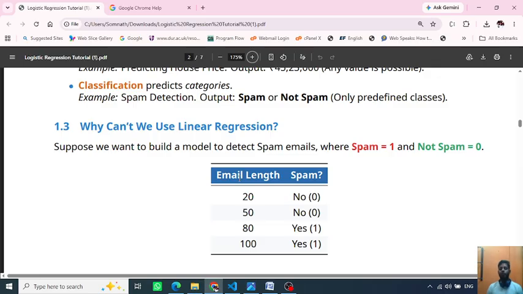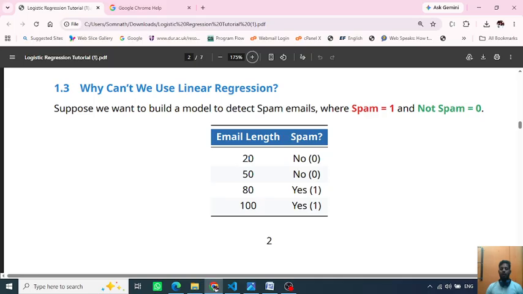So we have to categorize, for example, less than 0.5 is not spam and greater than that is spam. Here is an example. Suppose email length is 20, then spam no, that means the value is 0; 50 no; 80 yes; 100 yes. Yes means 1, no means 0.